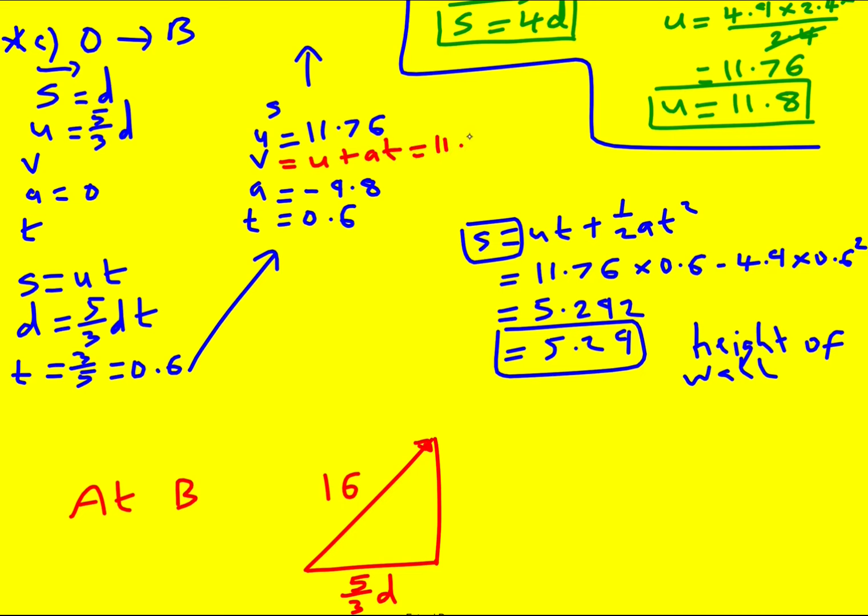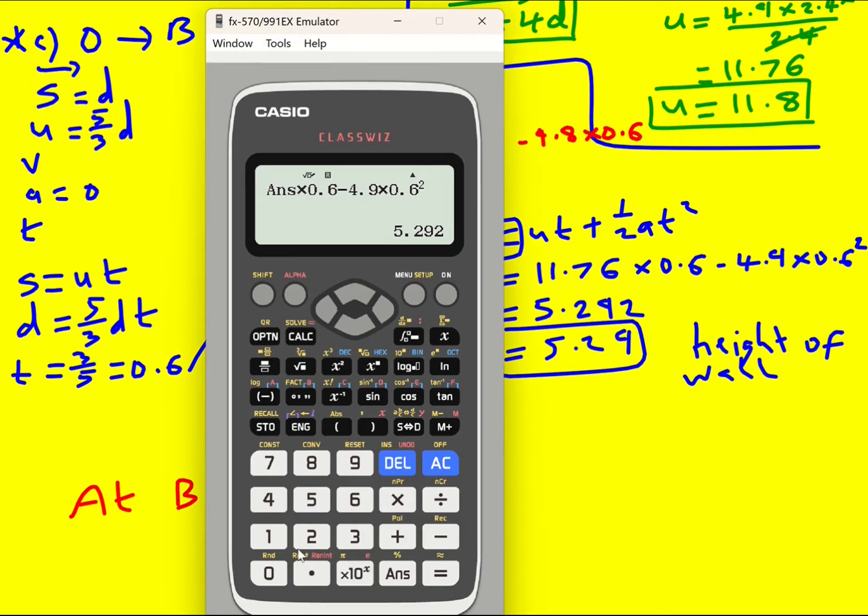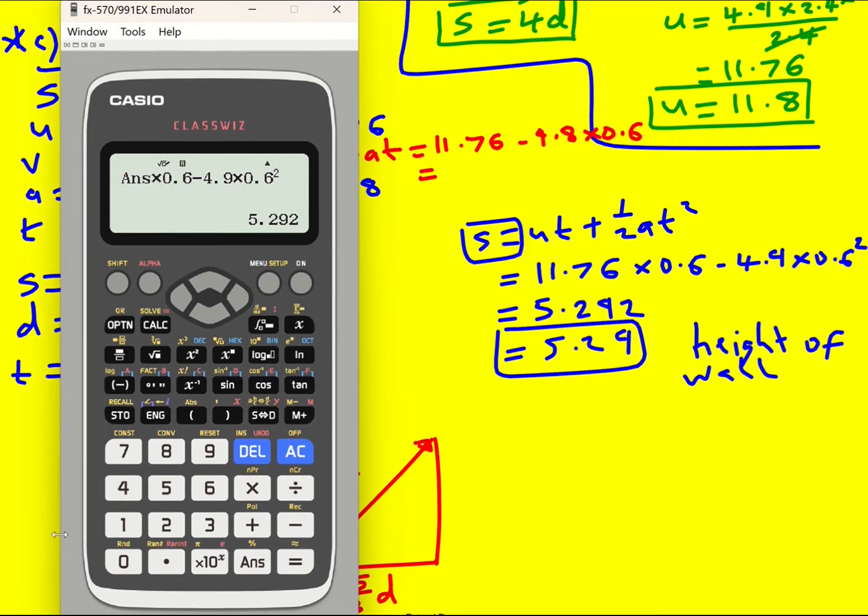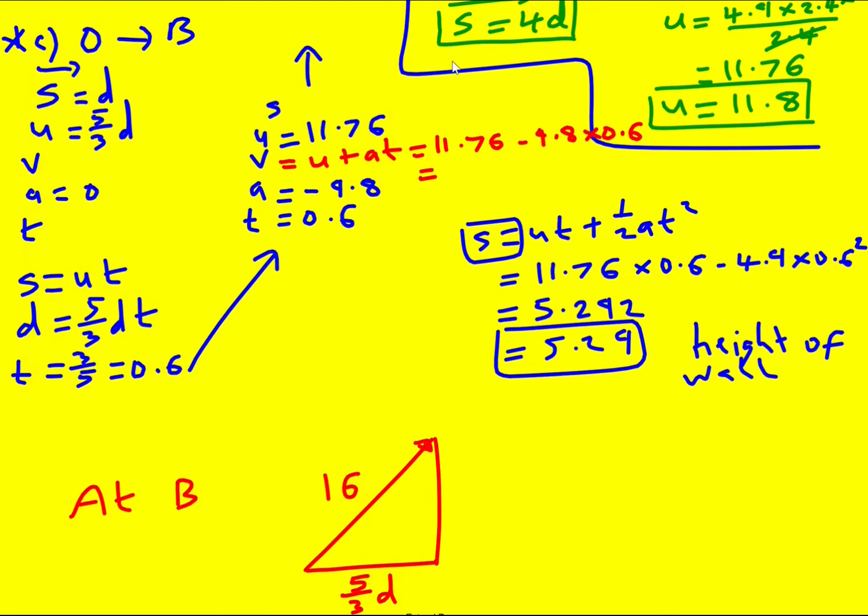So it's going to be 11.76 minus 9.8 times 0.6, which is 5.88.